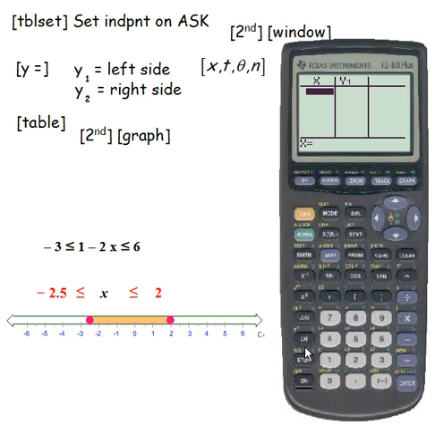So let's see what happens. When we enter one of these numbers, we're going to see what 1 minus 2x is equal to. So let's first enter negative 2.5. And hit enter, and we see we get 6.